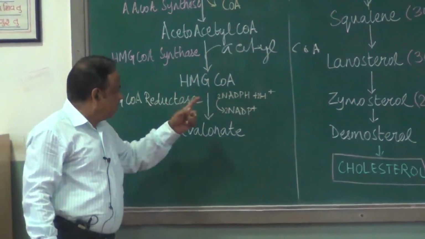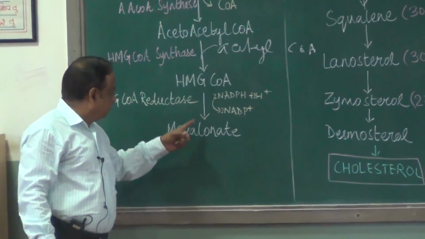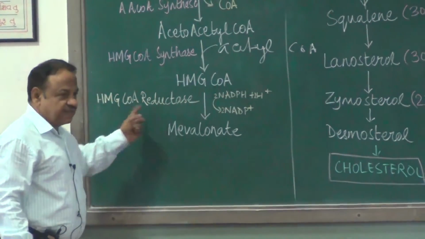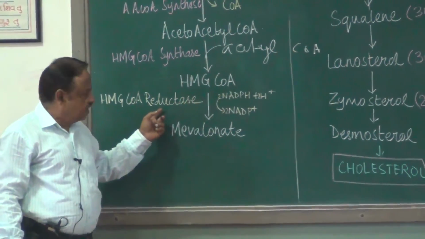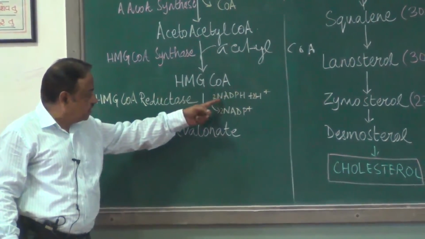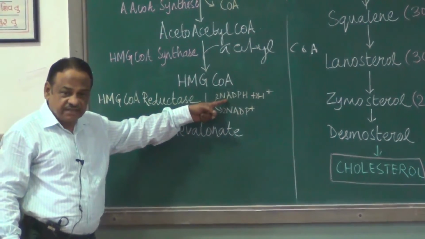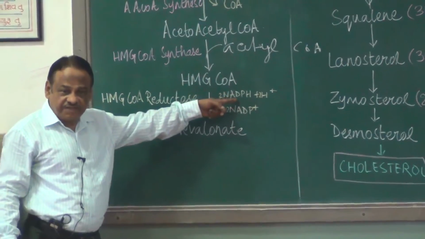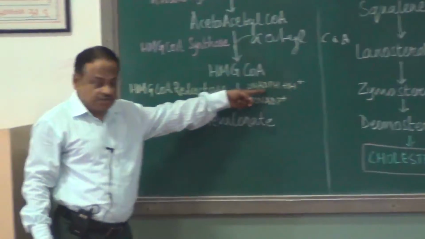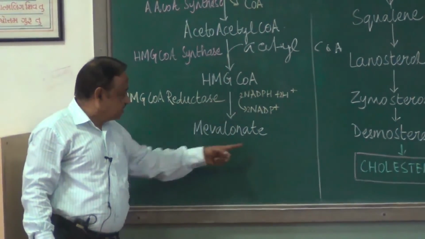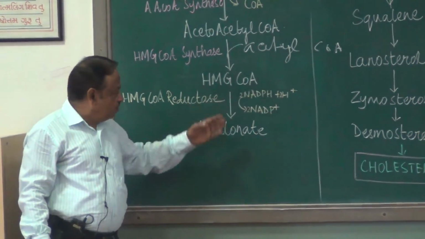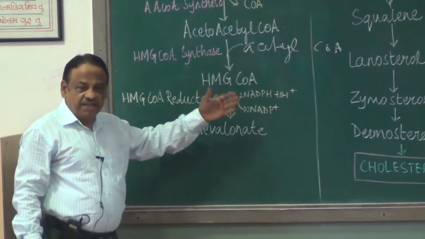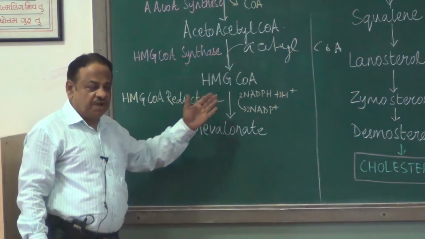Then from now on there is a different enzyme, HMG-CoA reductase, which requires 2 NADPH. This is coming from the hexose monophosphate shunt pathway, the pentose phosphate pathway, and what you get is mevalonate. So this enzyme is different in ketogenesis and cholesterol biosynthesis.